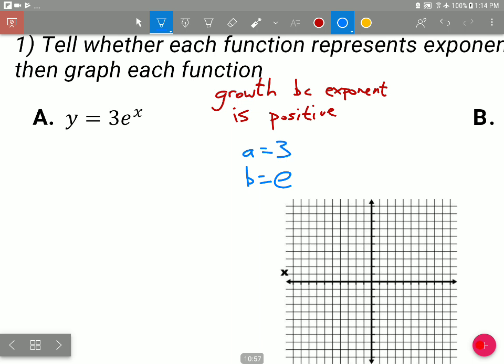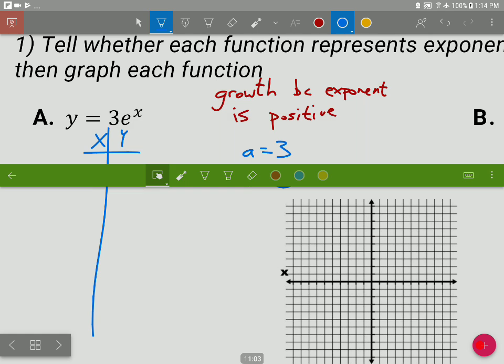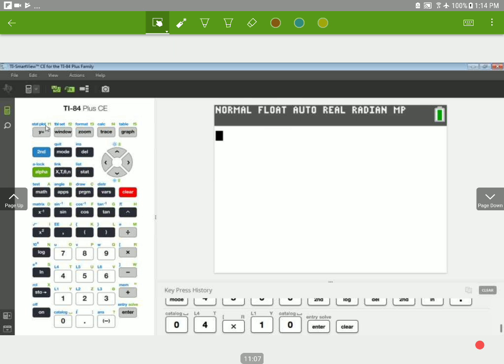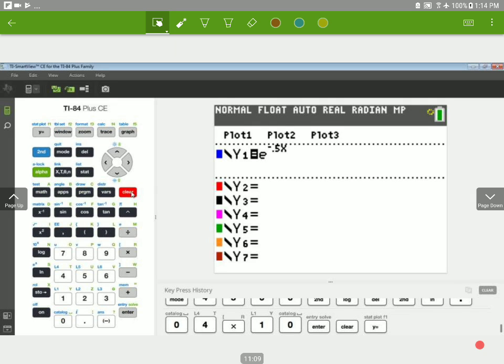All right, so let's start graphing this. Pull out a calculator. Let's knock this puppy out. Y equals. All right, now you can go to one of 2 places for this. There is an E right here above the divide sign. There's also an E right here above the ln.